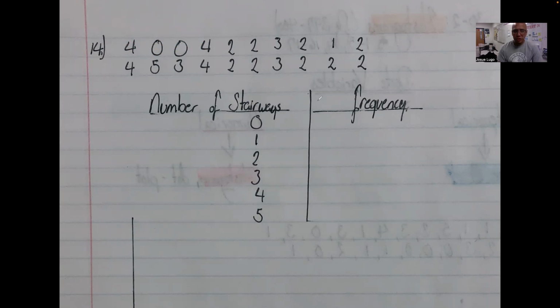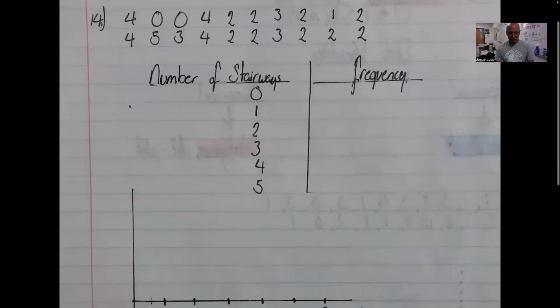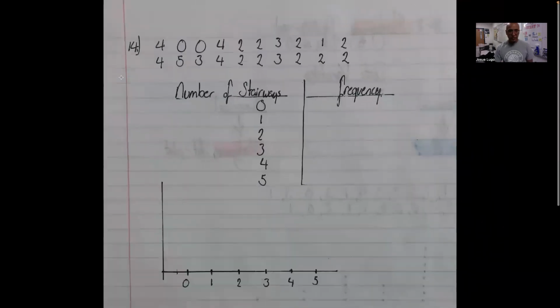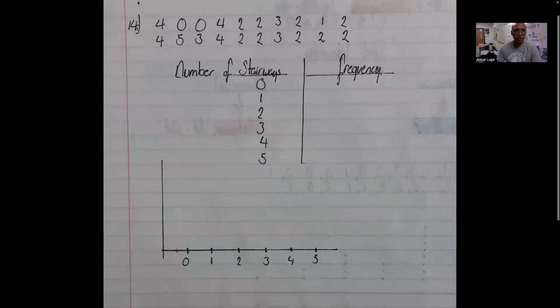And so, ladies and gentlemen, before we even fill out this chart, let's go ahead and make a dot plot out of this data. And in this dot plot, on the bottom, these numbers are going to represent the number of stairways.